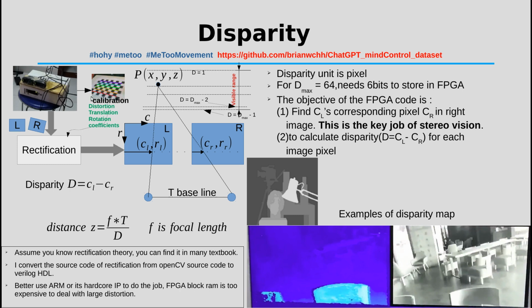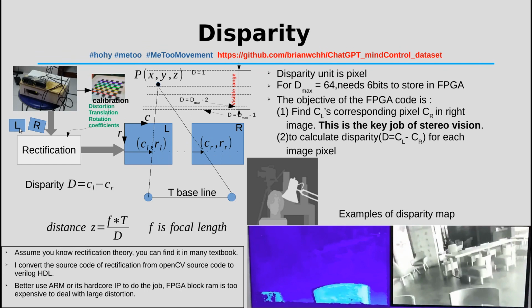Of course, before we do this, we have to do the calibration using the chessboard, and then we can get the distortion, translation, rotation, and other coefficients. Remember that the left and right images may not be rectified like this.